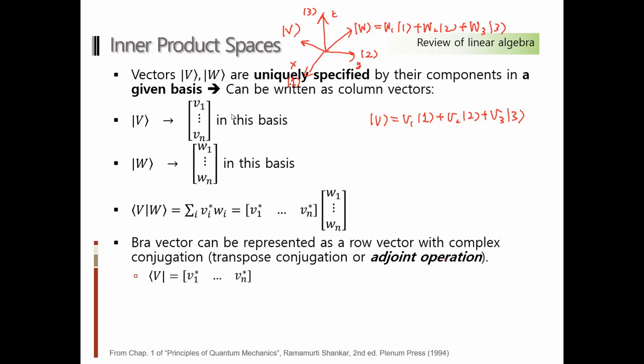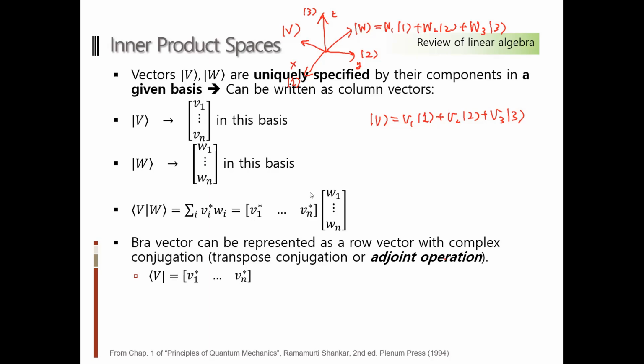And similarly for the w, we can write it in this way. By writing this way, we find that the inner product between the v bra vector and the w ket vector will always look like this, and this can be easily represented by the corresponding row vector and column vector.